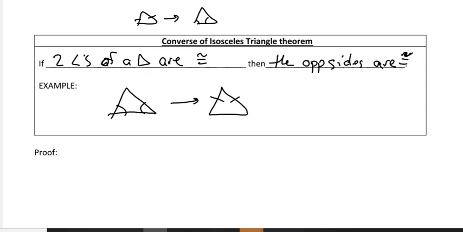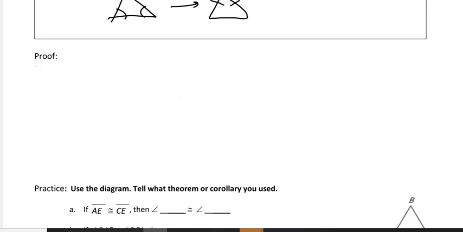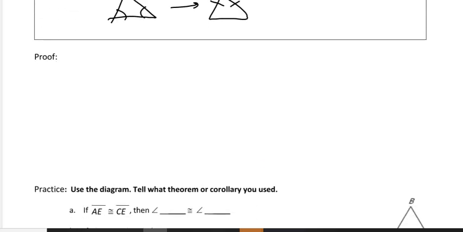If we wanted to do a proof, remember, we can use a proof and use CPCTC. So let's go ahead and do that. If we knew those were congruent, I'm going to drop this down at 90 degrees again. And then we have the reflexive property.